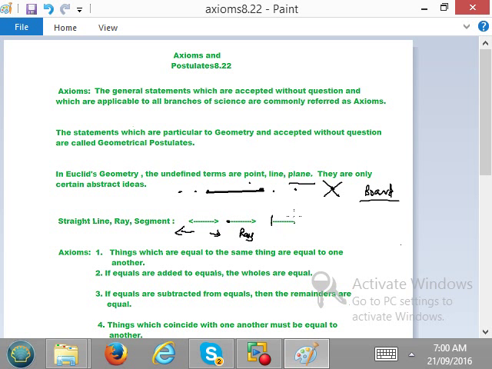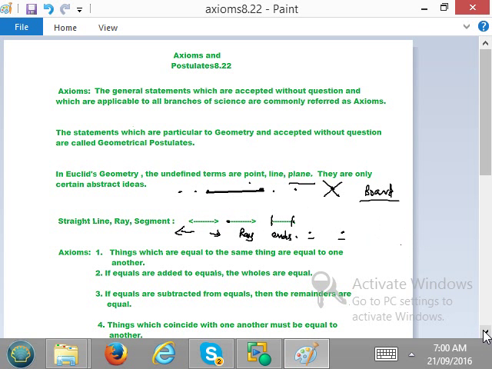This point and this point, this is a line segment. Both ends are there, starting and also ending. Then it is a segment. The first one, when we say straight line, it is indefinite. It can go on this side.